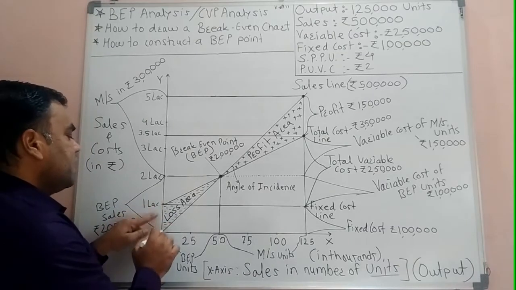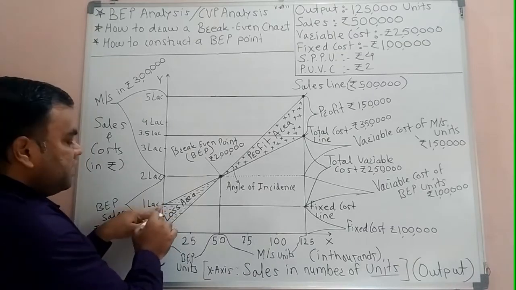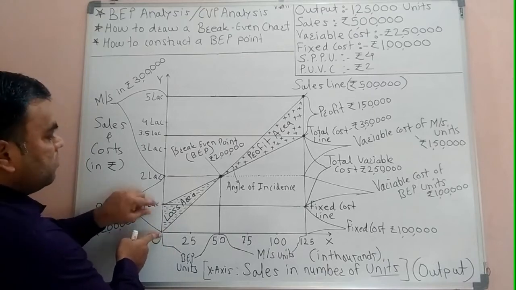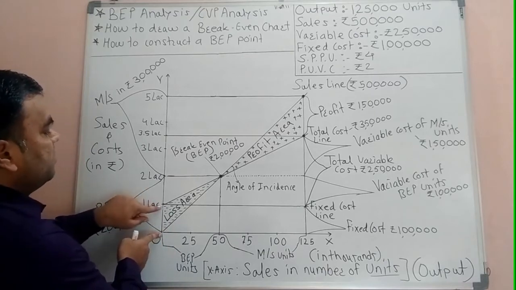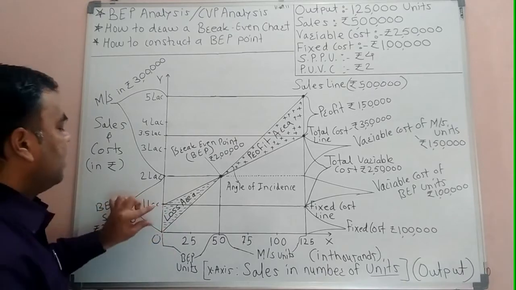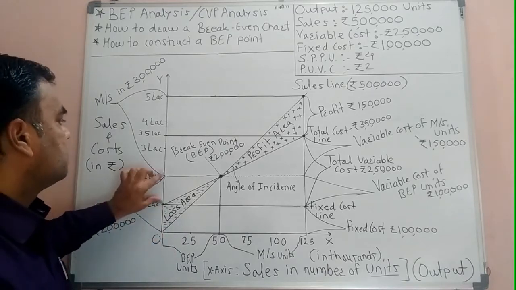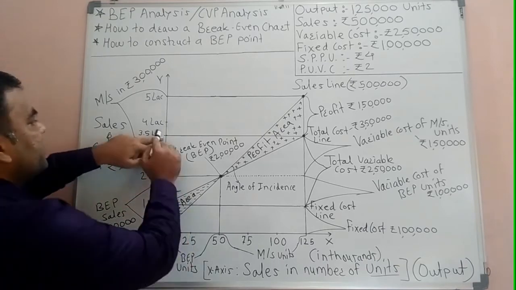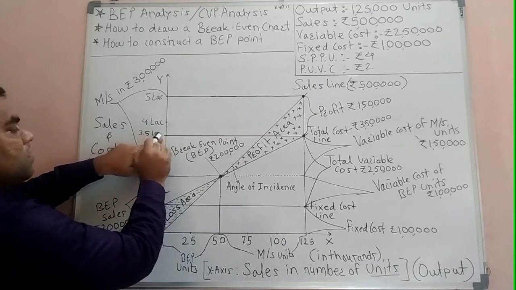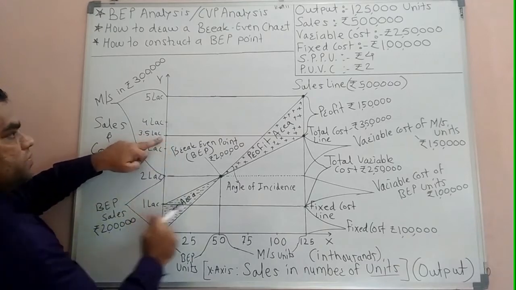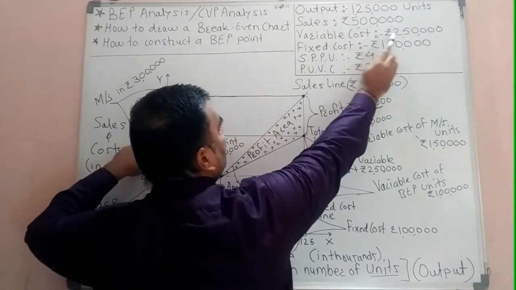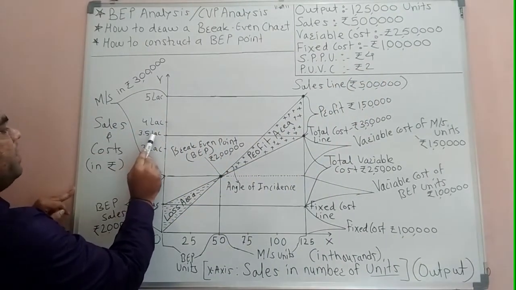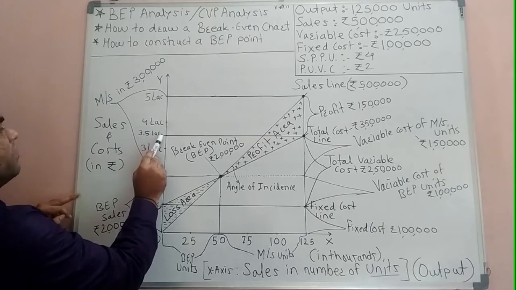Your total cost line will start from the fixed cost, because 1 lakh is our fixed cost. 1 lakh fixed cost plus 2,50,000 variable cost, total 3.5 lakh, or 3,50,000.